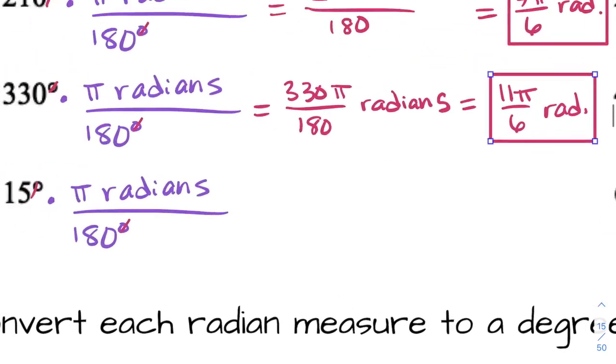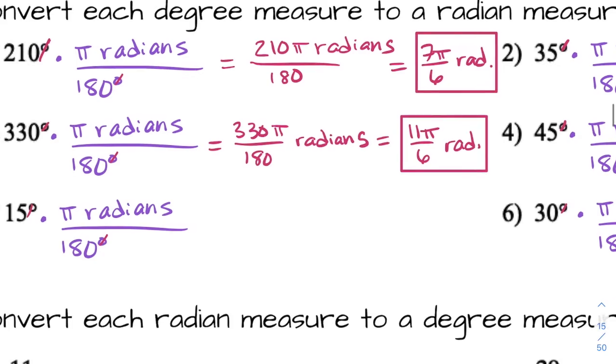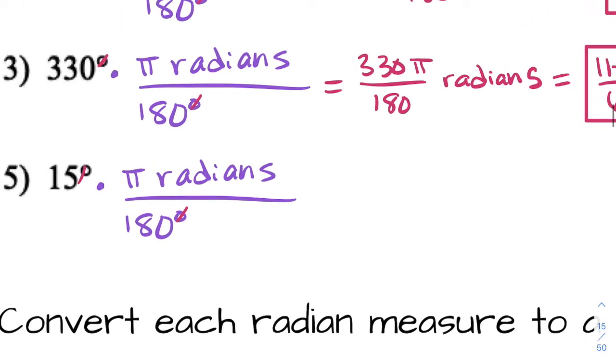Awesome. Okay, next one, we get 15 pi over 180 radians, which is equal to, I think, both divisible by 3.